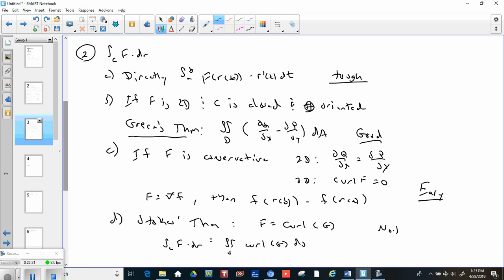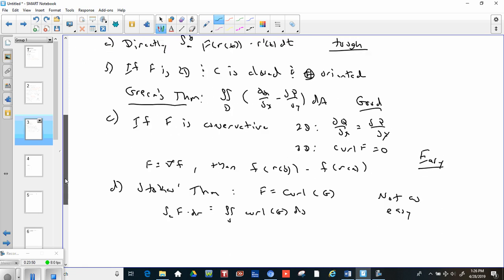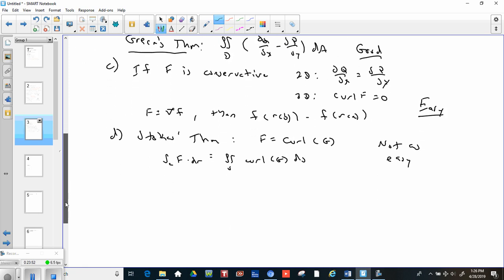This one is not as easy. So if you had to rank them, if this is the case, you would want to go with C first. Green's theorem's pretty nice and easy for the most part, so that's a good one. Directly and Stokes' theorem is probably not the way you would want to do it unless you have to. And sometimes they make them easy to do it that way.